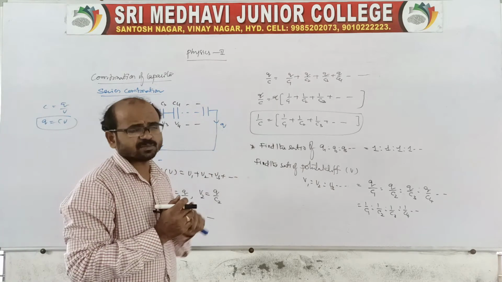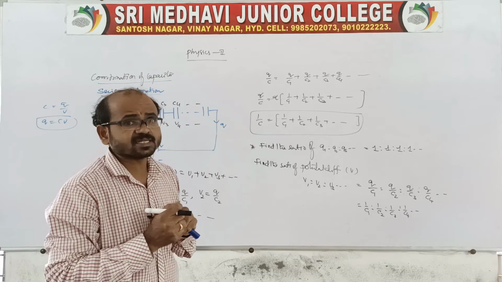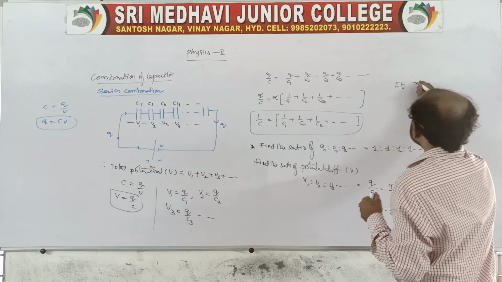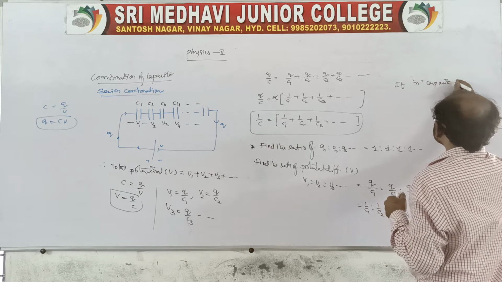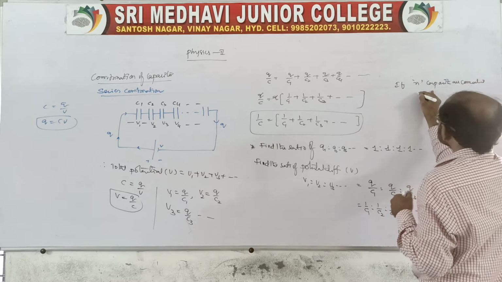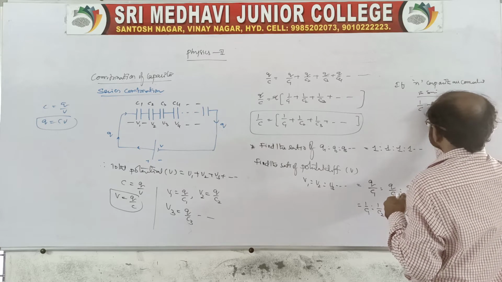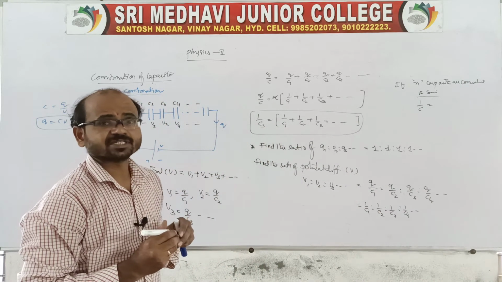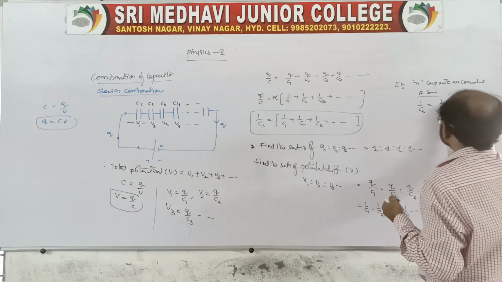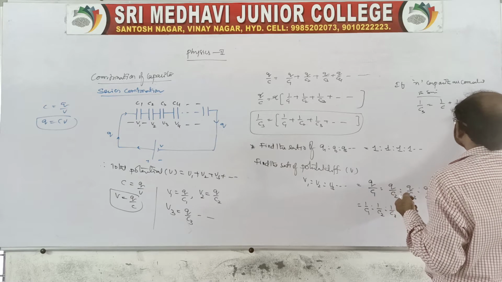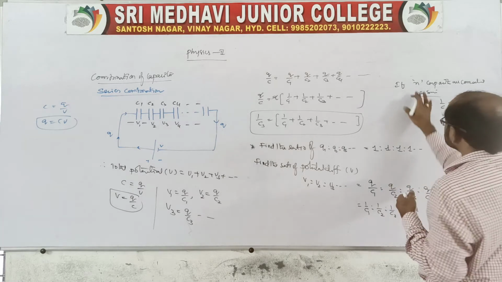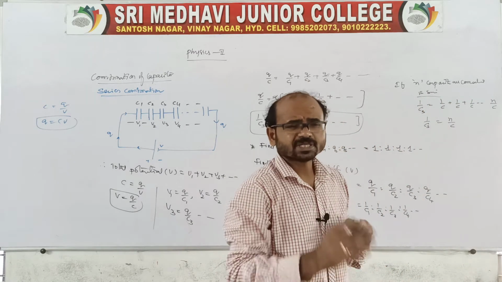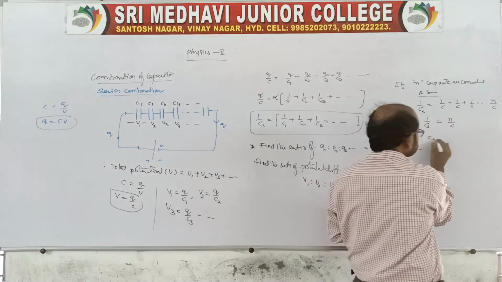When we take the series combination, if n number of capacitors are connected in series, each of capacitance C, then the effective capacitance, which we can call CS: 1 by CS is equal to 1 by C plus 1 by C plus 1 by C, and so on up to n terms, which is n by C, because each capacitance is C. So CS is equal to C by n.